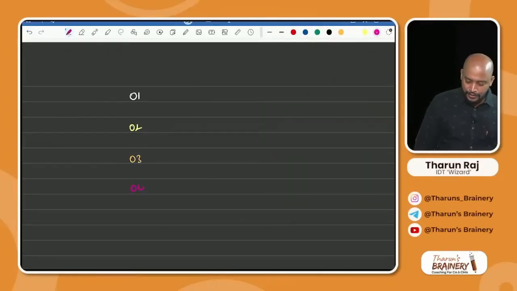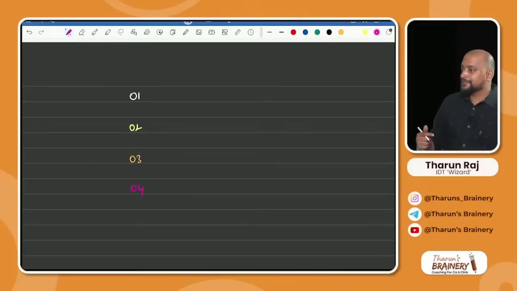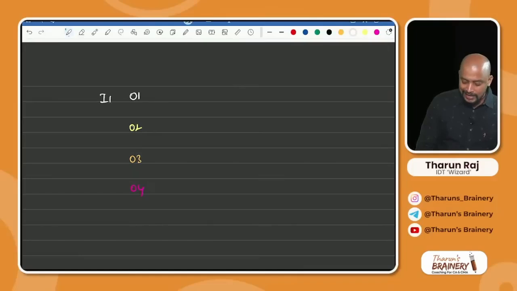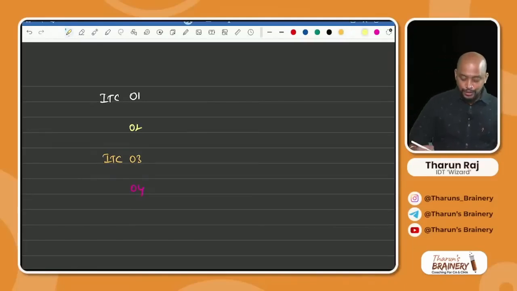What are the odd forms? 1 and 3. 1 and 3 are ITC forms. Whereas 2 and 4 are CMP forms.